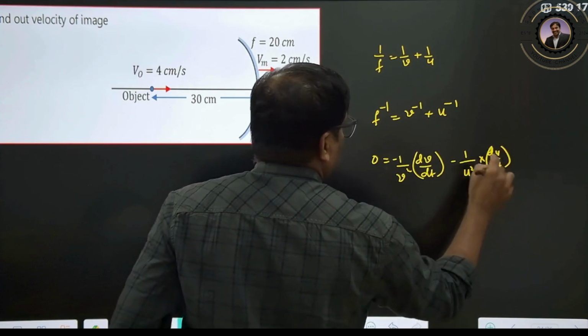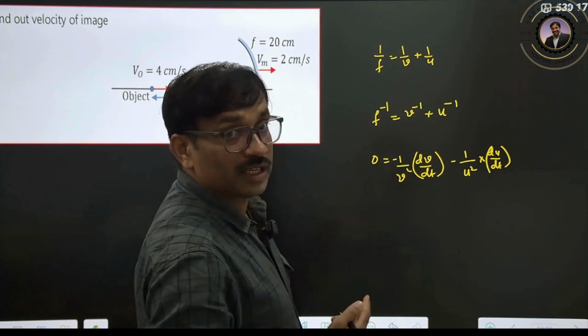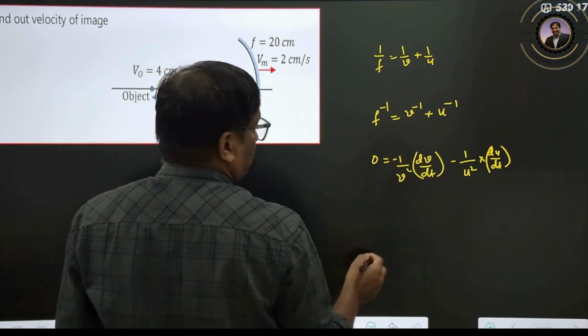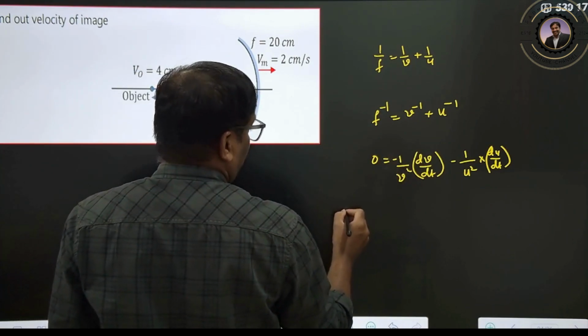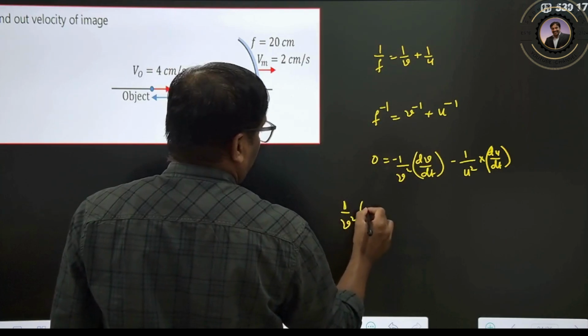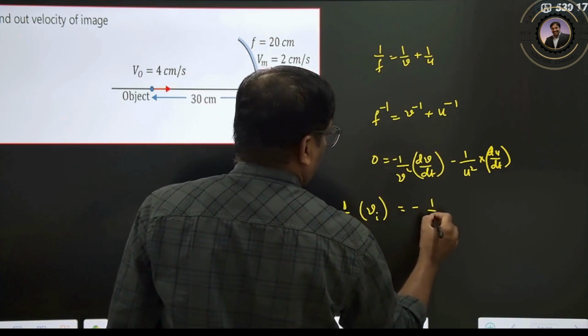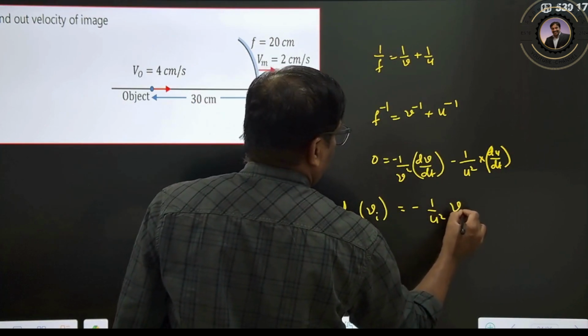Clear? So du by dt is nothing but the rate of change in the position of the object distance, no? Taken toward this side. So therefore 1 by v square into velocity of the image will be equal to minus 1 by u square into velocity of the object.